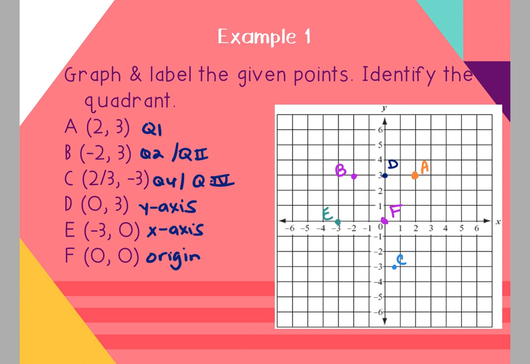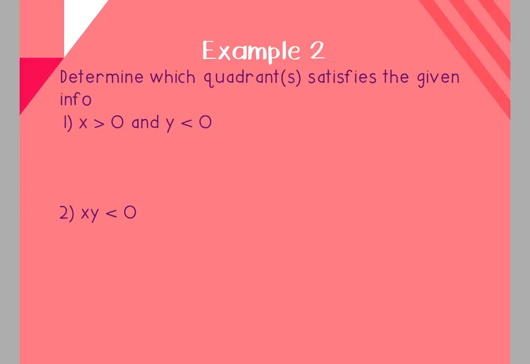So the application of that would be something like this. Determine which quadrant or quadrants satisfy the given information. Number 1 says x is greater than 0 and y is less than 0. If you're a visual person and you want to draw your quadrants, go for it. Go with the first part. Which quadrants would satisfy just x is greater than 0? 1 and 4, the right side, good.